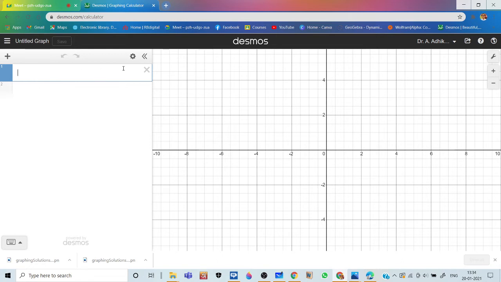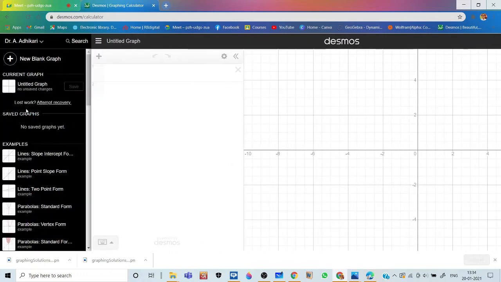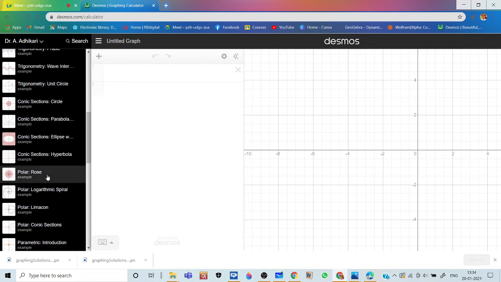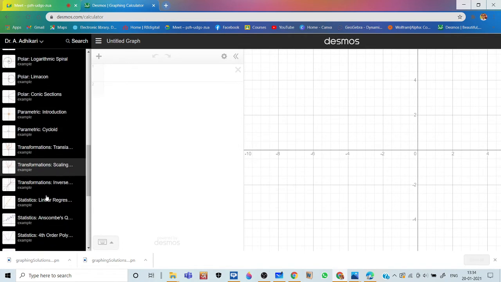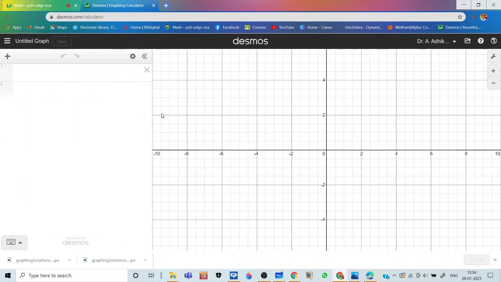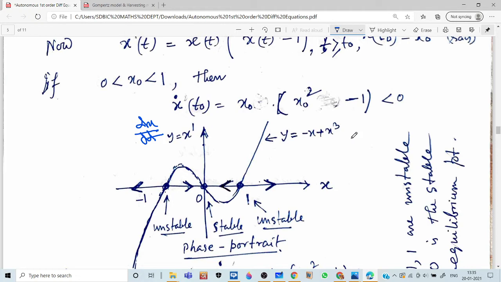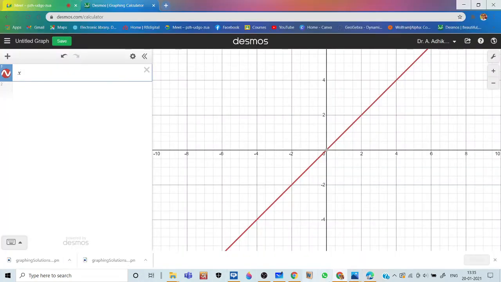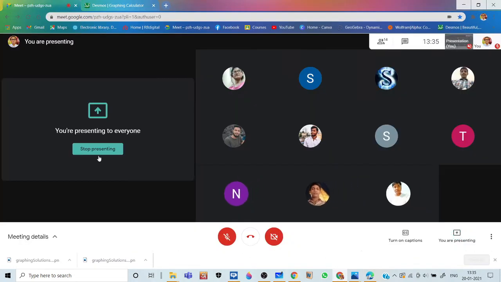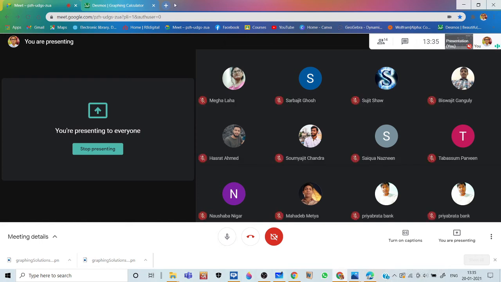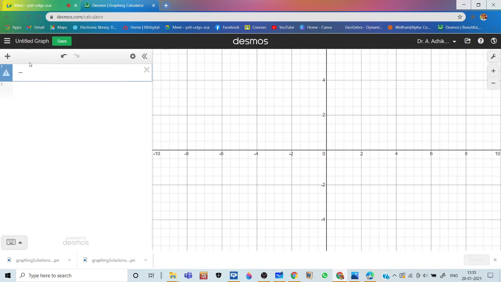So plot here y equal to minus x plus x cube. So this is the figure.